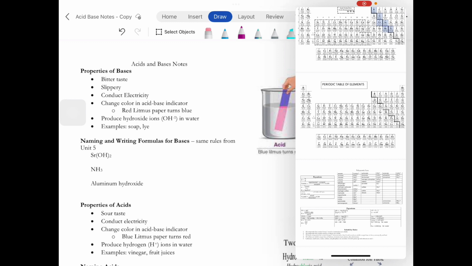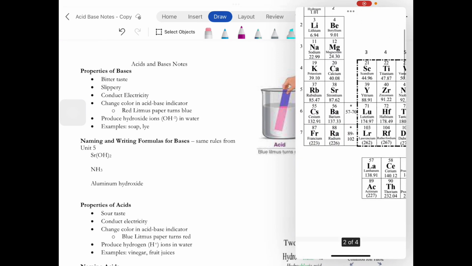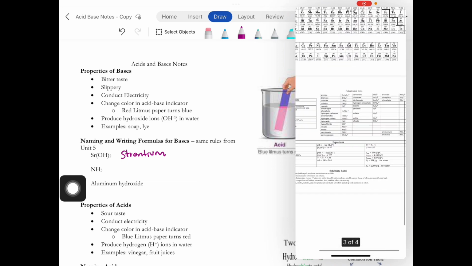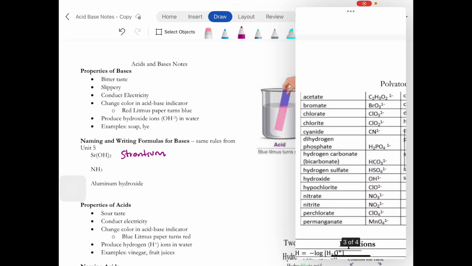So Sr is right here. So that is strontium. And then OH is a polyatomic ion, so that's on the back of your periodic table. So we've got hydroxide, which is the OH, so it's strontium hydroxide.